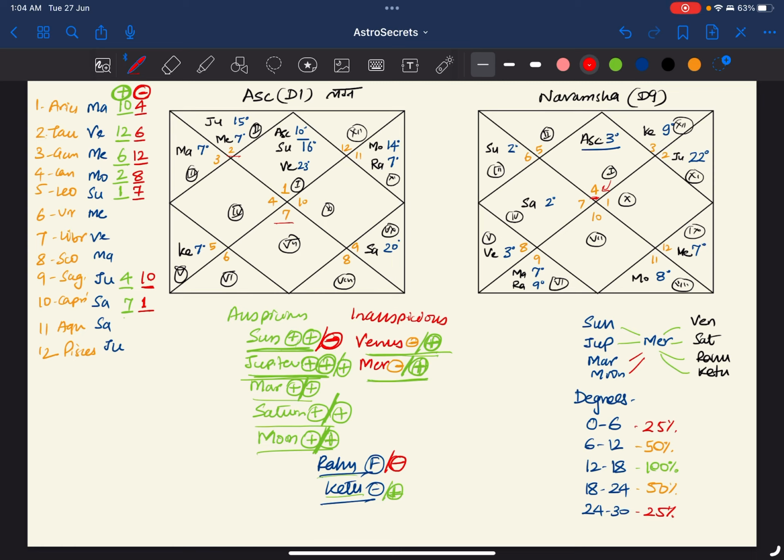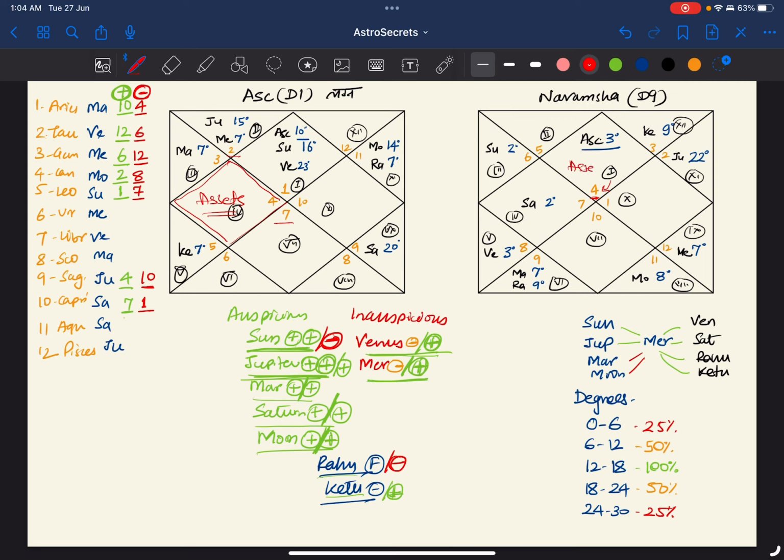In the D1 chart, it was in this particular house, which is the house of assets. So basis this, after a certain period of time, this person will be inclined towards building assets.